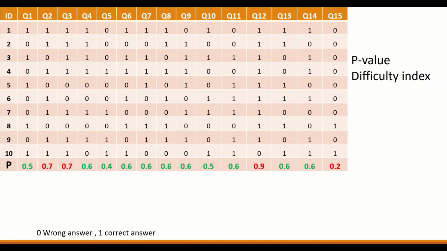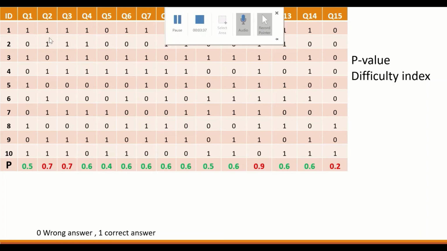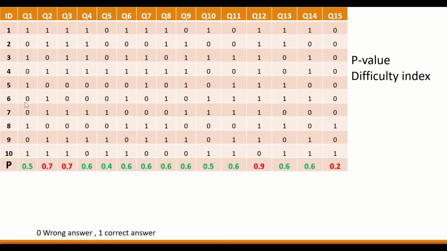To calculate the item difficulty or the p-value for each question, add all the correct answers scored for each question and divide that by the total number of students. For the first question, it's 5 correct answers divided by 10, so it is 0.5. For question number 15, 2 correct answers divided by 10 is 0.2.